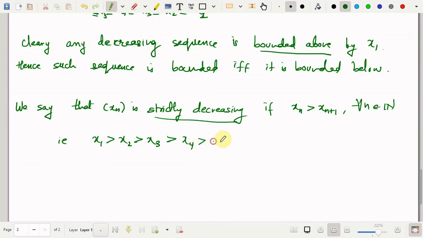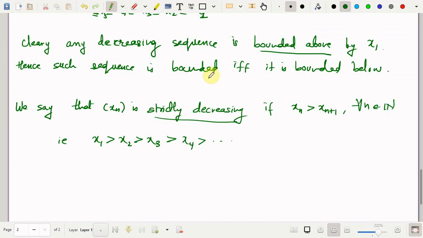So in fact, if a sequence is strictly decreasing, one can conclude that it is decreasing, but if it is decreasing then one cannot conclude that it is strictly decreasing. An example is a constant sequence, it is decreasing but it is not strictly decreasing.